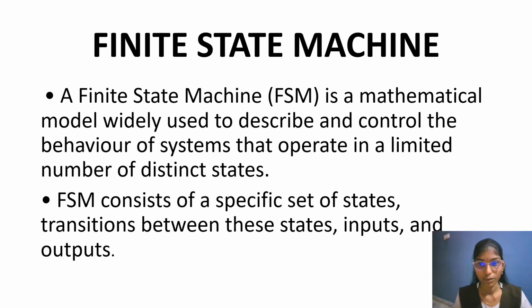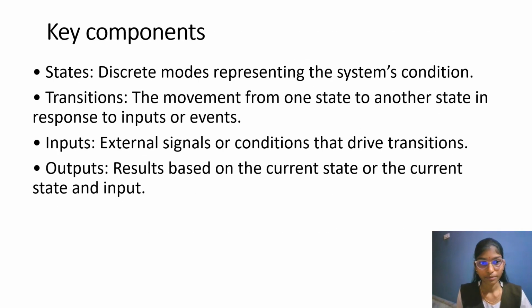Finite state machine. A finite state machine is a mathematical model widely used to describe and control the behavior of systems that operate in a limited number of distinct states. FSM means finite state machine, which consists of a specific set of states and transitions between these states, like inputs and outputs.